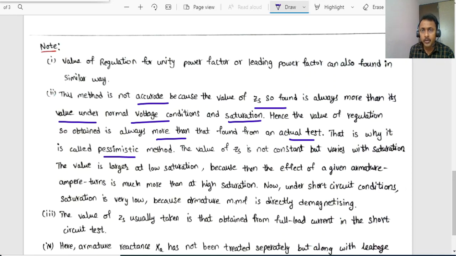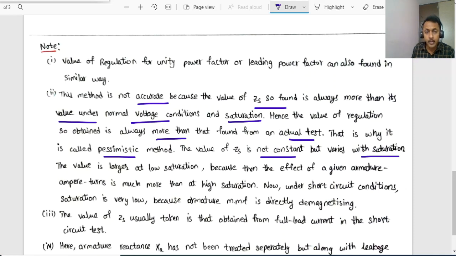Moreover, as we have discussed, the ZS value practically will not be constant. But in this test, we have considered it as a constant value. Practically, the value of ZS will vary with the level of saturation.